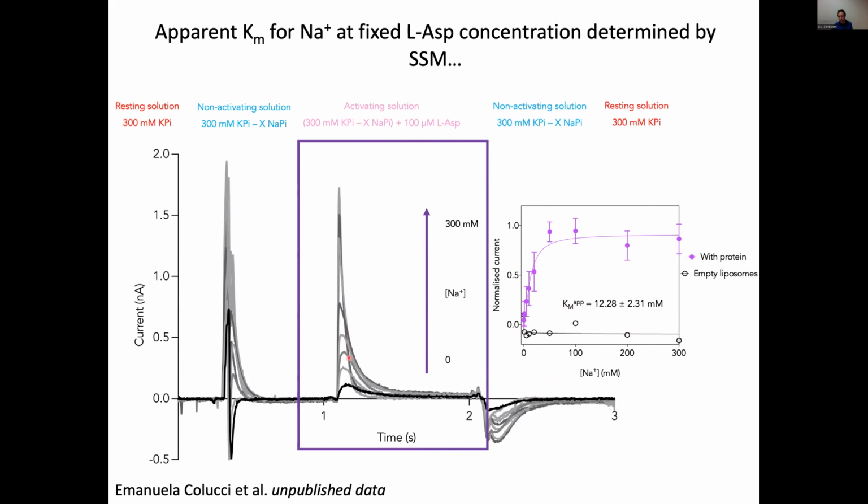There's also something else that you can see here. If you look at the decay of the current, then if you go up to higher sodium concentrations, the peaks get sharper.